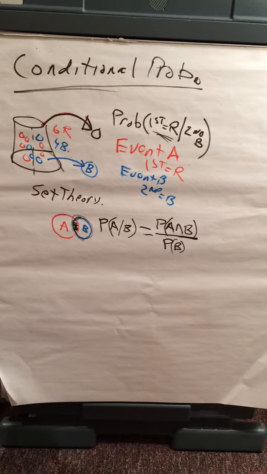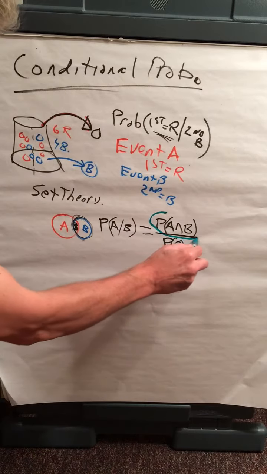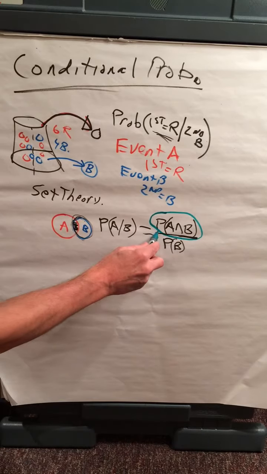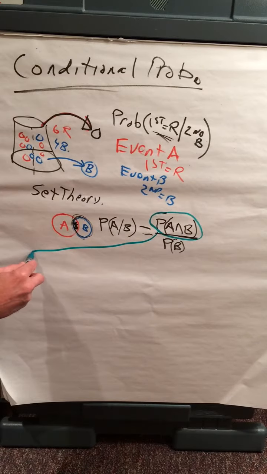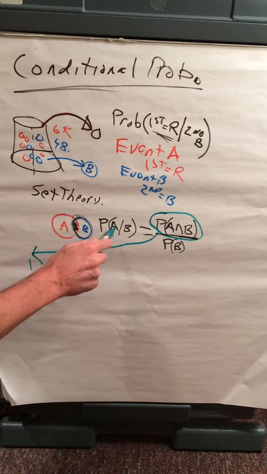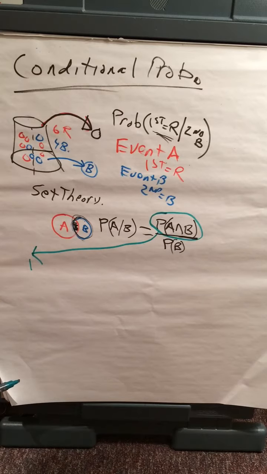Now let's hone in on, let's try to take a look first at this piece right here. That piece right there. Let's come all the way over here. Probability A and B. Now, we know the probability of A given B is, when we're going through the set theory and the probability rules, a little harder to find.